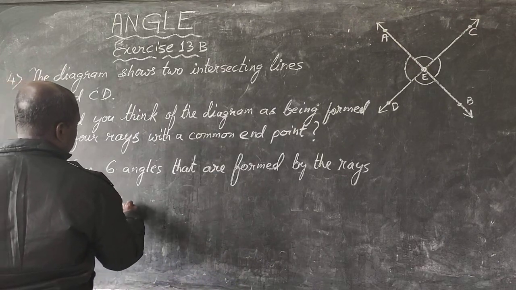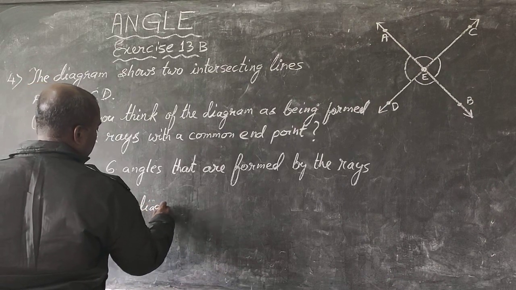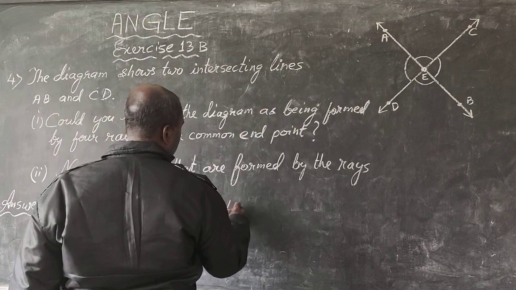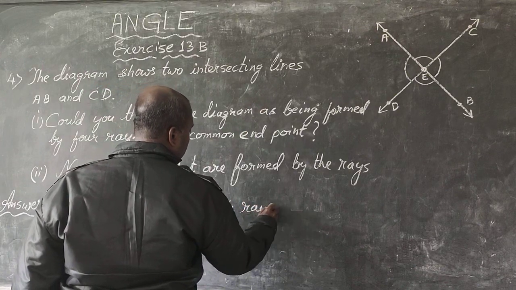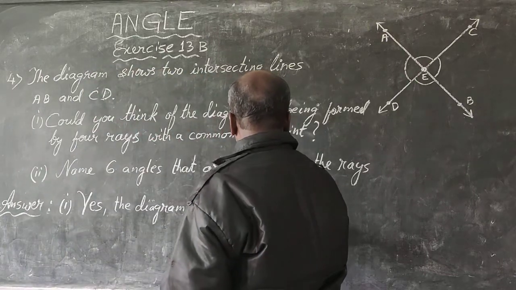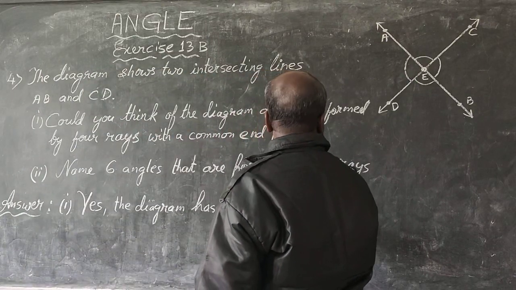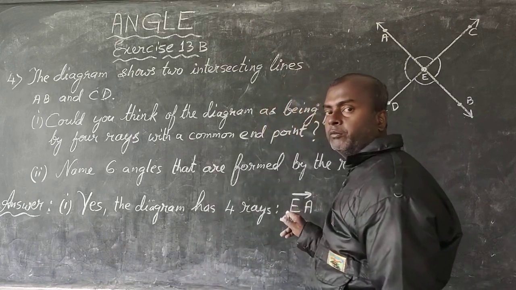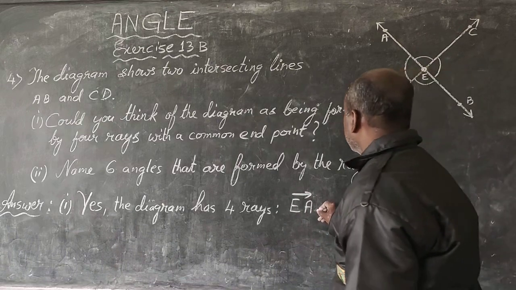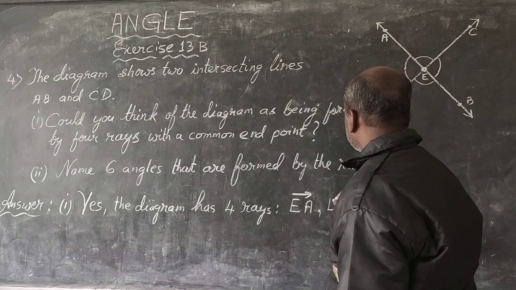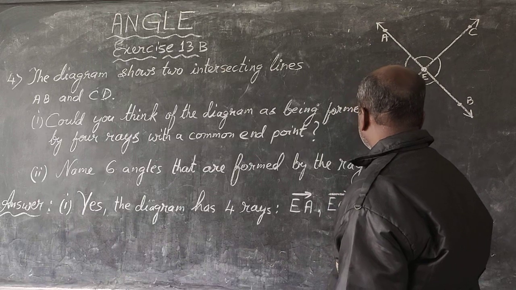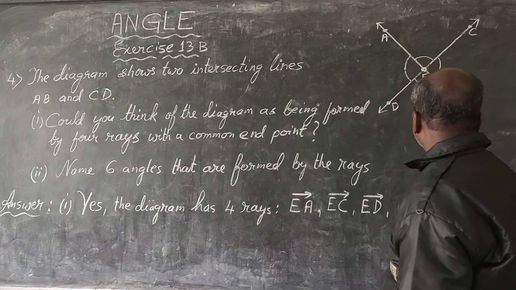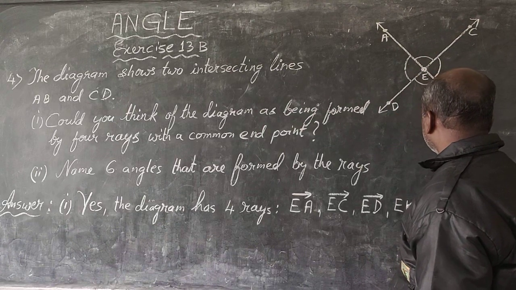The diagram has four rays. What are the rays? Let us name them also. EA, remember how we represent ray? We draw this symbol for ray. EA, then EC, then you have ED, and then you have EB.